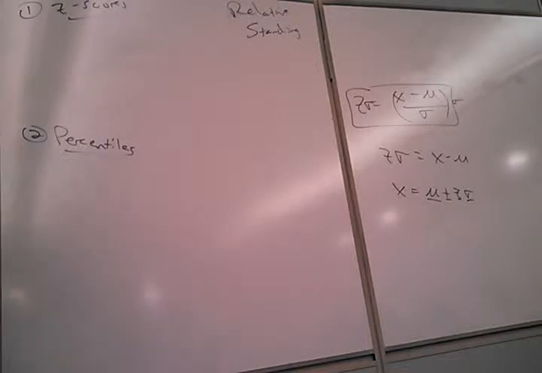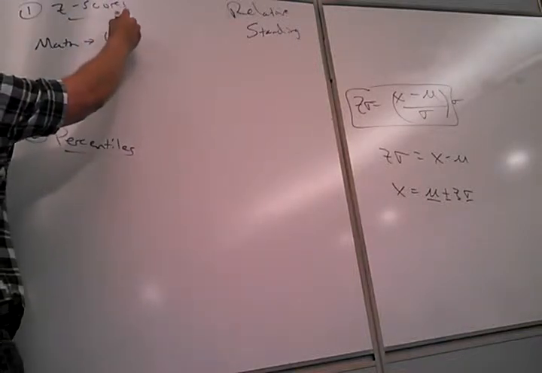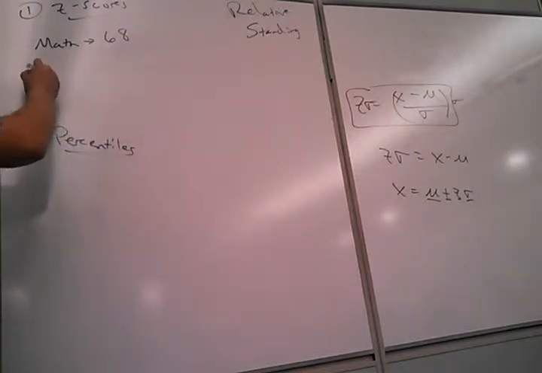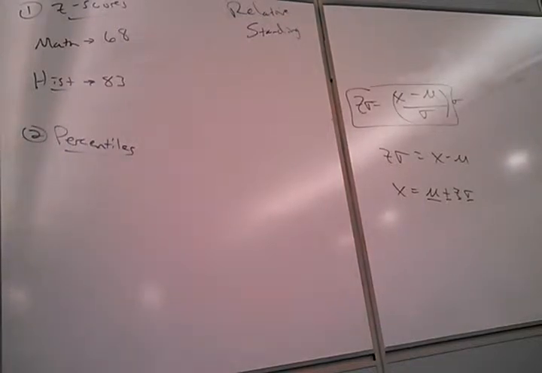So, for example, if on your math test you made 68, and on your history test you made 83, especially if your teacher's going to curve, is that 68 necessarily somehow relatively worse than the 83? Obviously, on one level, it's like, well, yes, Jeff, one's a D and one's a B. What do you want from me? But the z-score will measure relative to the rest of the class, how did you do?